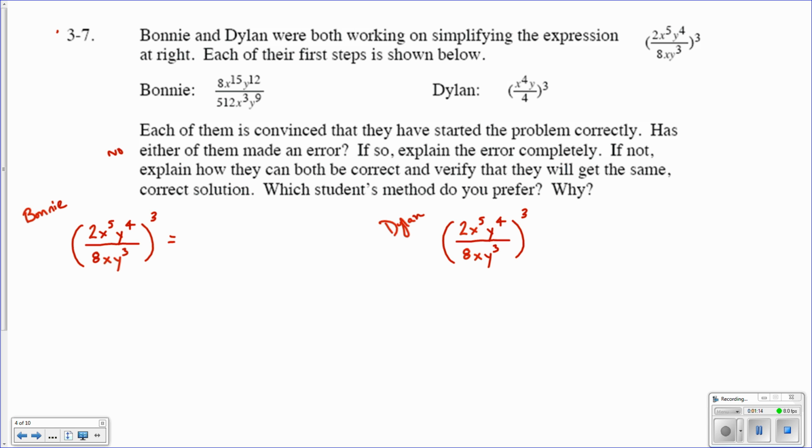So we're going to end up with 2 to the third power, x to the fifth to the third power, and then y to the fourth to the third power.